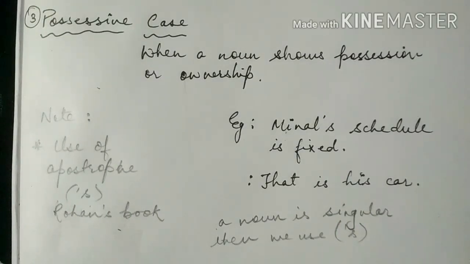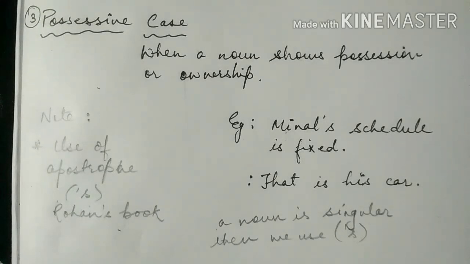Why do we use apostrophe s? Because we are talking about only one person. Adding apostrophe s to a noun shows that we are talking about only one particular thing.